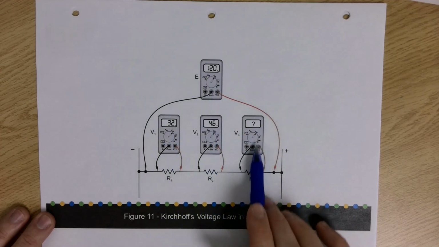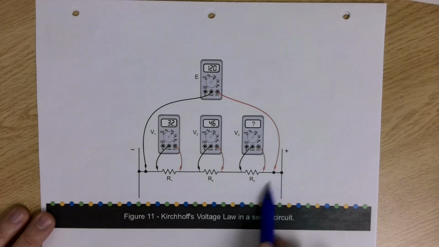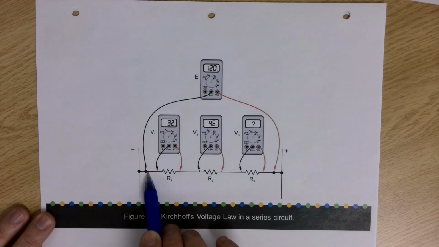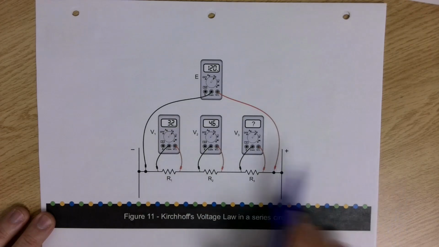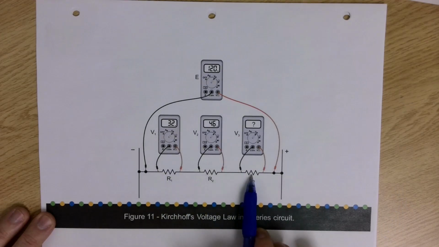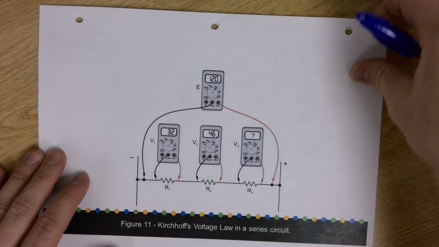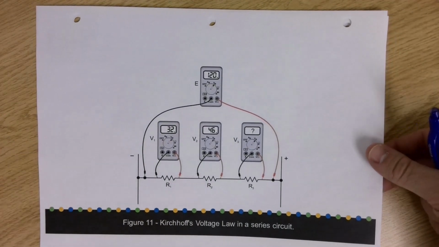That's going to give us this last volt drop, because in total there's 120 volts in the entire circuit. And according to Kirchhoff, that 120 is going to get dropped off throughout the circuit. So that's a good diagram to highlight his voltage law.